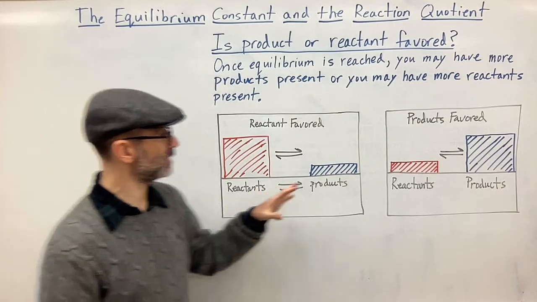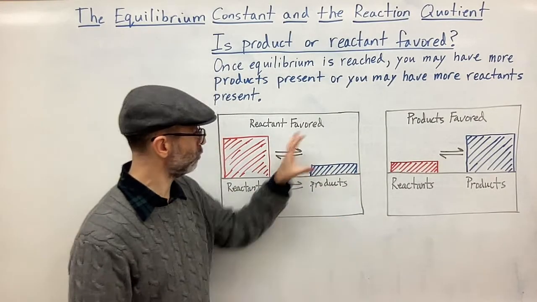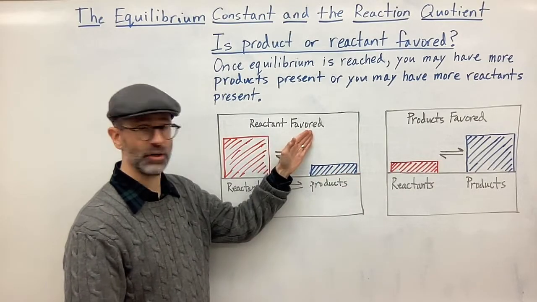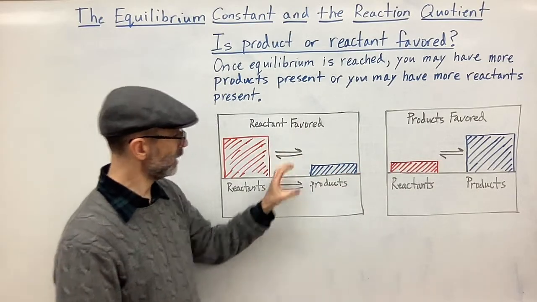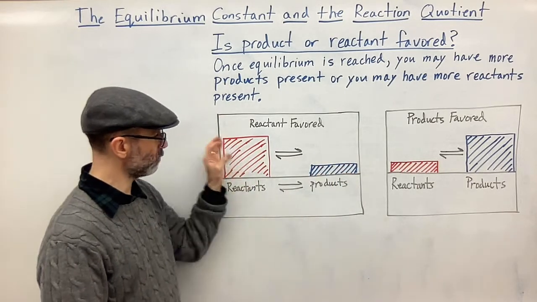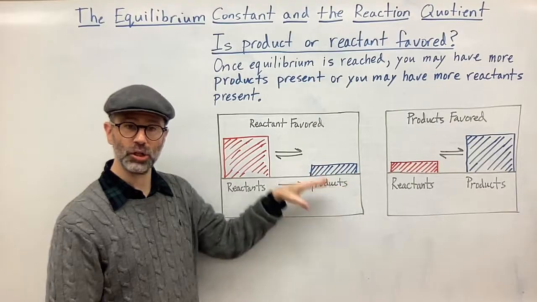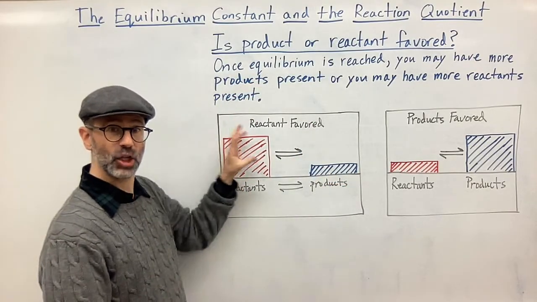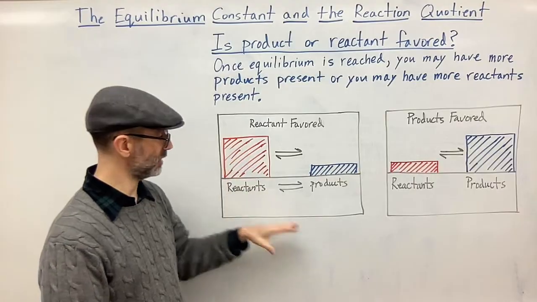And so in this case, for our reactant favored reaction, if we take the amount of products and put that over the amount of reactants, we have a smaller amount of products on the top, and a larger amount of reactants on the bottom.